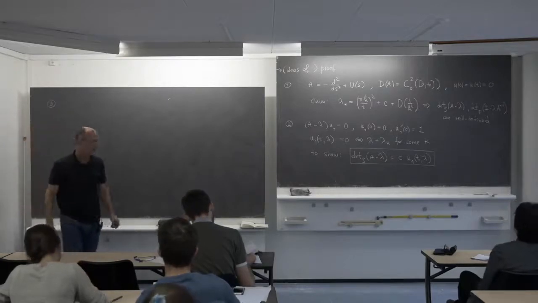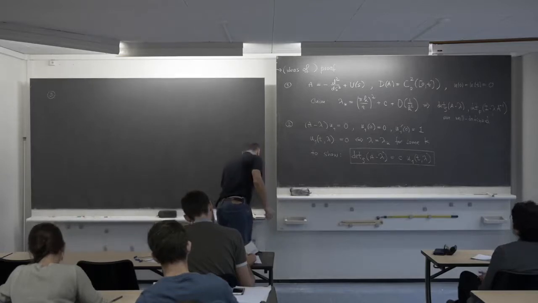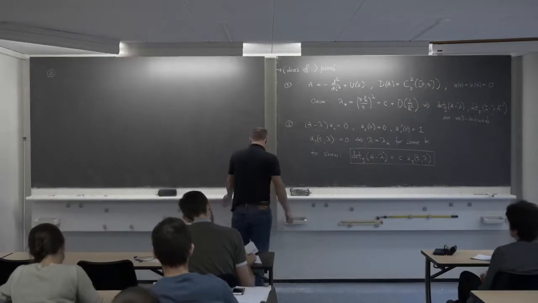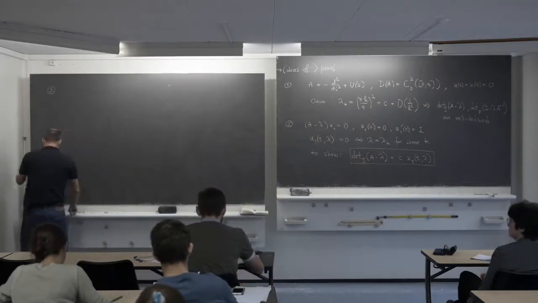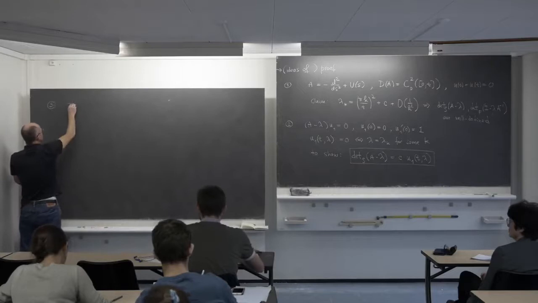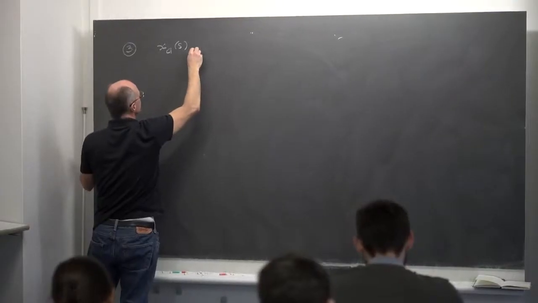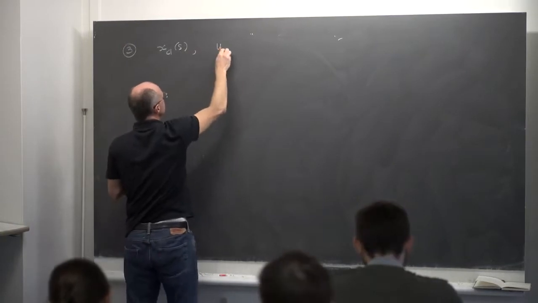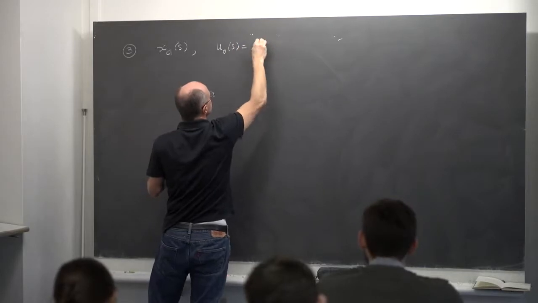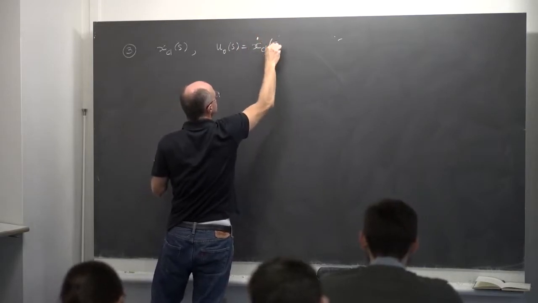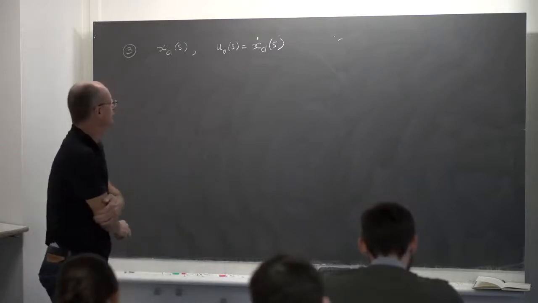Now, there is one more part, which is variational calculus. So let's do the following. We have our classical trajectory, and we can consider, let me call it u naught of s, which is just the derivative along the classical trajectory.